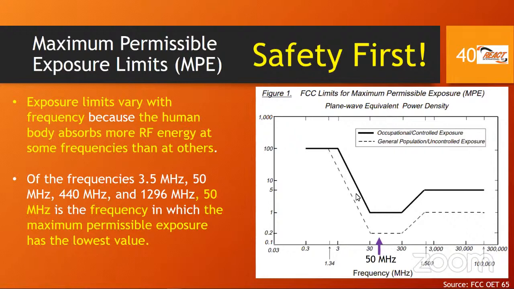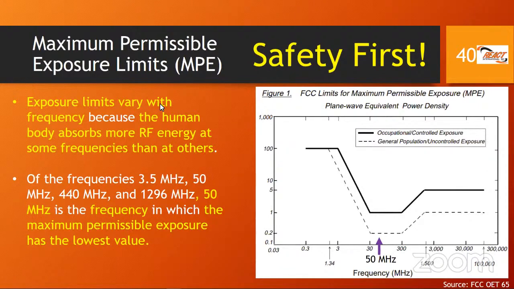Notice it goes down, then it plateaus, and then it goes up, and then it plateaus. What that tells us is that all frequencies are not created equal. Some frequencies you could be exposed to more, like these frequencies here, and some frequencies you should not exceed a certain amount, right? And we need to know this for the exam.